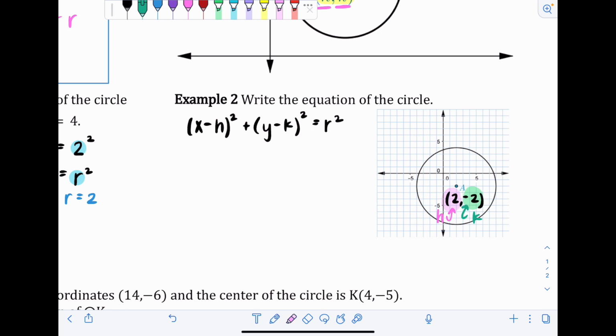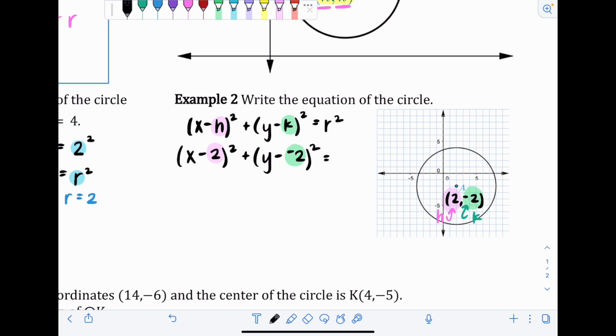We can start putting those in right away. So it'll be (x minus 2) for h, and then plus (y minus -2) for k, and don't forget the squared at the end of each parentheses. If you want to simplify the double negative into a plus right away, that's fine. I'm going to do it in the next step though. And then equals the radius squared.